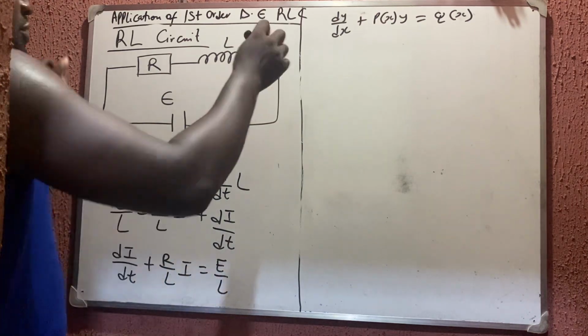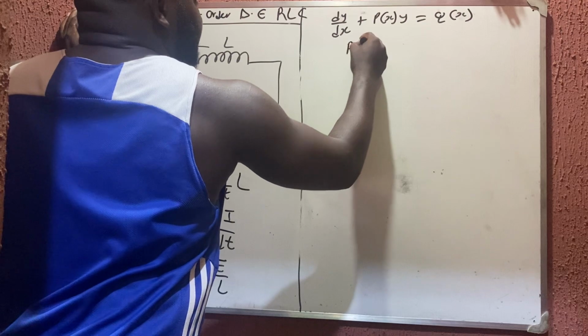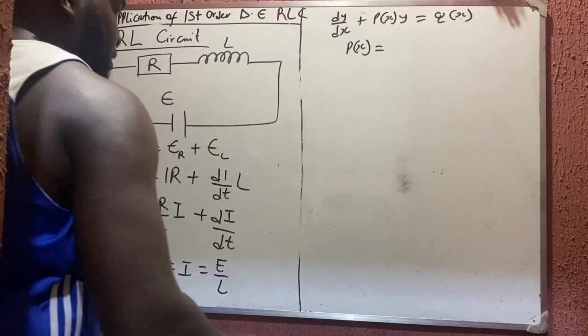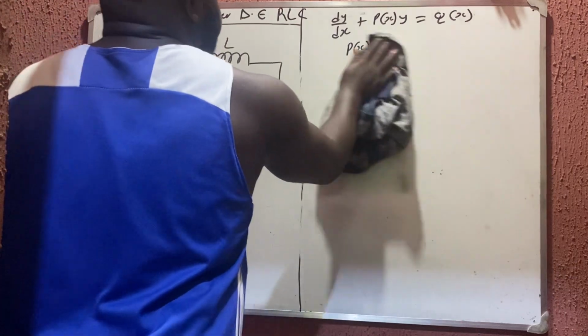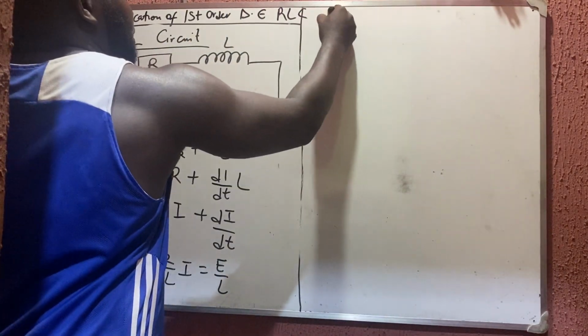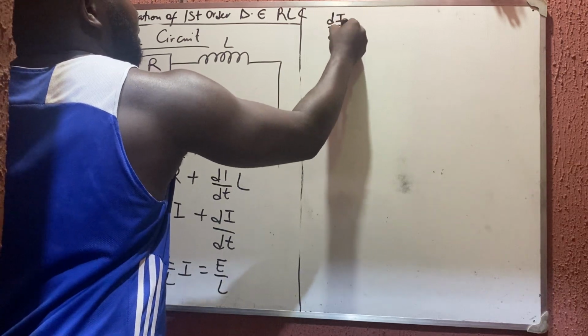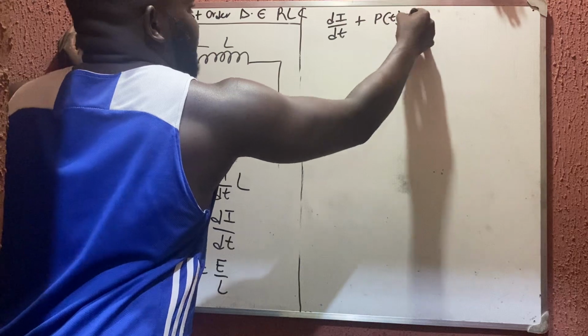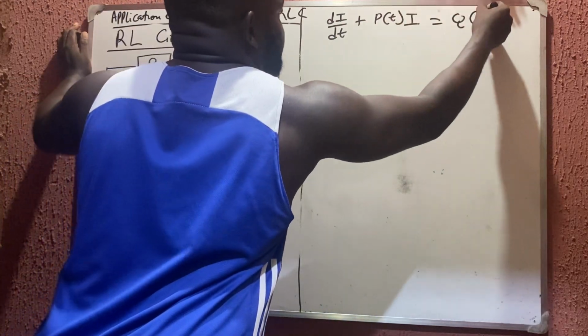So let me use I and t. It's going to be dI/dt plus p of t times I is equal to q of t.